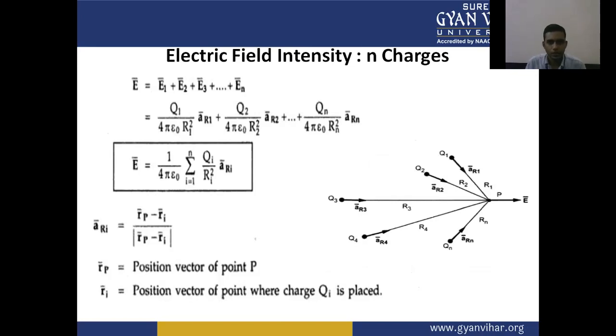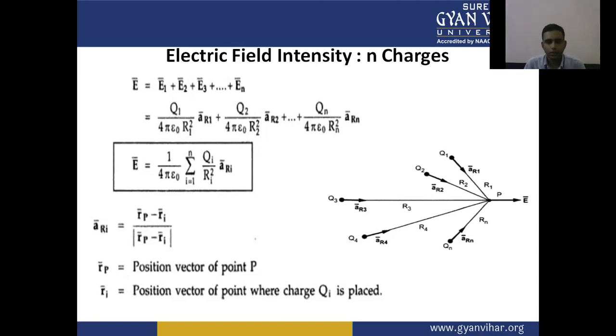And it is written by Coulomb's law as Q1 upon 4 pi epsilon naught R1 square AR1, plus Q2 upon 4 pi epsilon naught R2 square AR2, plus up to Qn upon 4 pi epsilon naught Rn square ARn, where E equals 1 upon 4 pi epsilon naught summation i equal to 1 to n of Qi upon Ri square ARi.